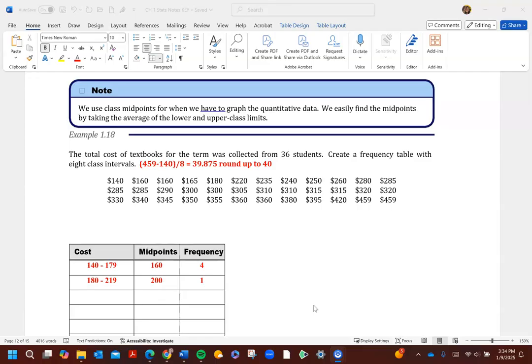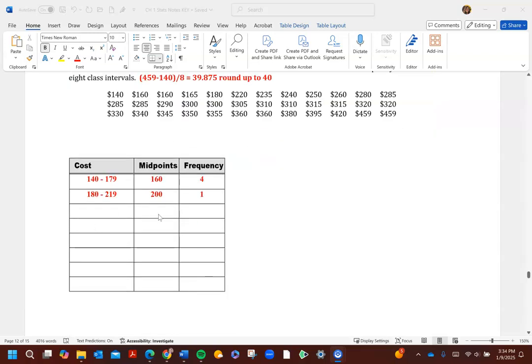But I think it helps people to understand how they're sorted out, what the width means, and you get some of that general understanding in a better way by seeing it manually done and actually doing it. So go ahead and fill out the remainder of this table. Pause and then match up your answers with mine.